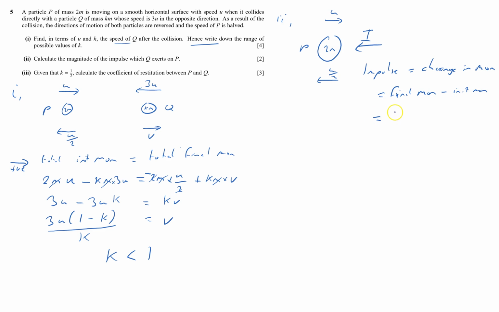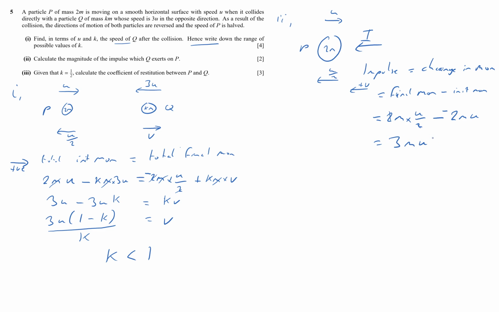The final momentum is going that way, so that'll be 2m times u over 2. And you've got to take away the initial momentum, but since I've taken this way to be positive, I'm going to get a negative here. I get the mass, which is 2m times u, but it's minus u, so I put a minus there. So that equals, 2's cancel out, mu plus 2mu, that'll be 3mu.